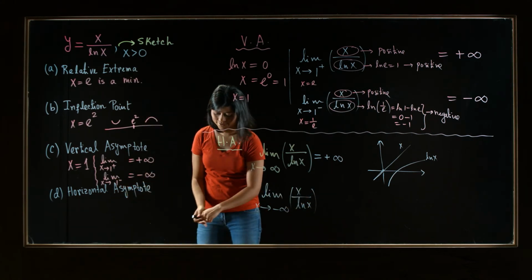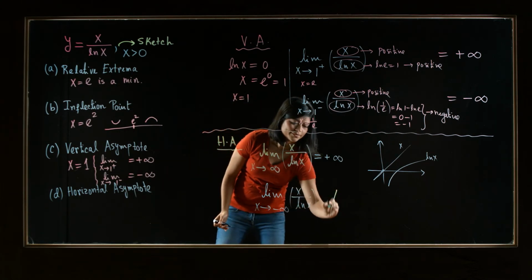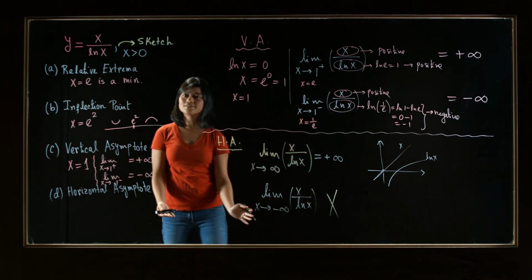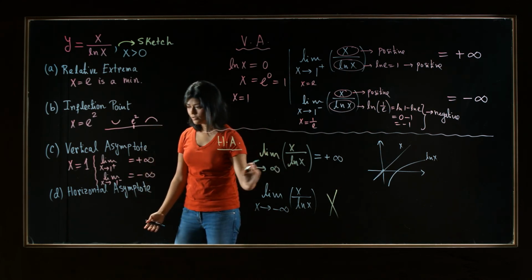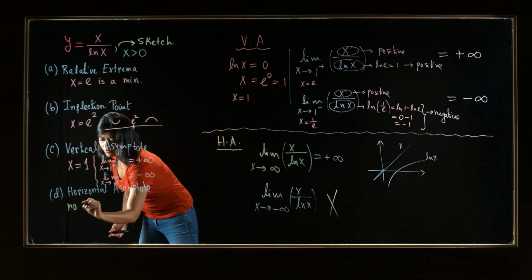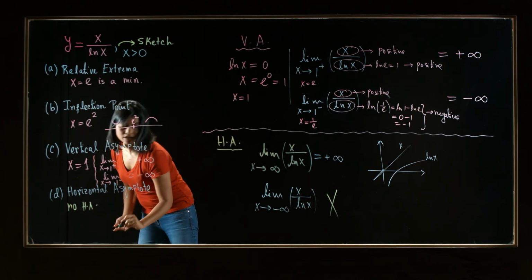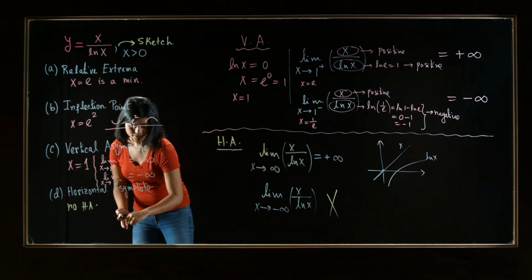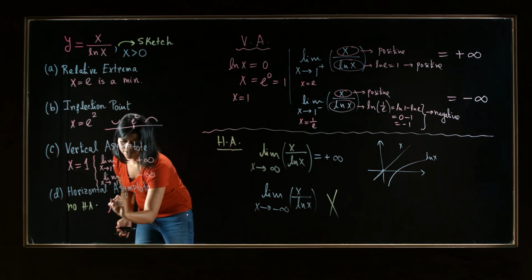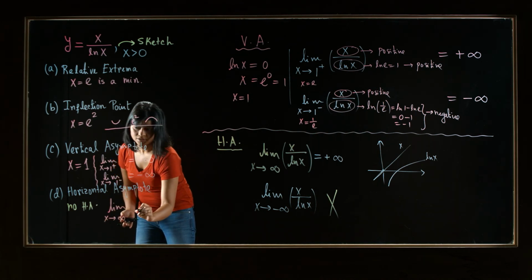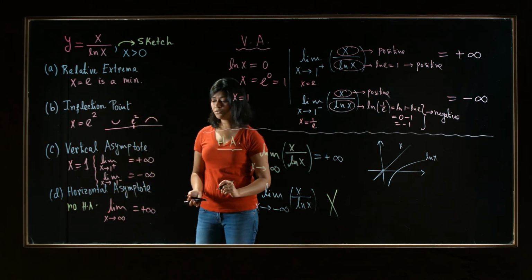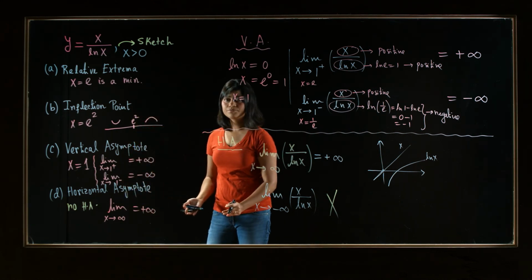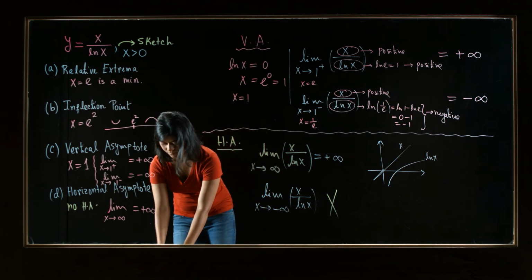So this limit will not give us anything. There's nothing there to consider, right? So we have no horizontal asymptote. And we also know that the limit as x approaches infinity of the function is going to be positive infinity. We will use this fact to graph this function.